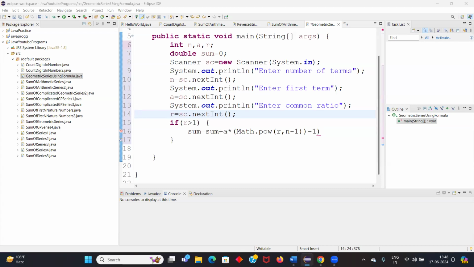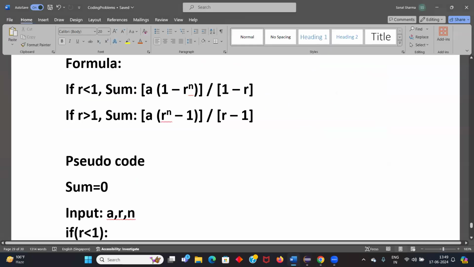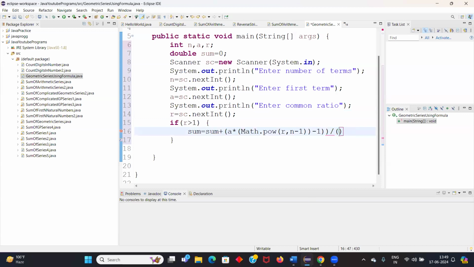Okay, so A into, let me put this also in bracket. A into math.pow R raised to power n minus 1 minus 1. Now divide this by R raised to power R minus 1.